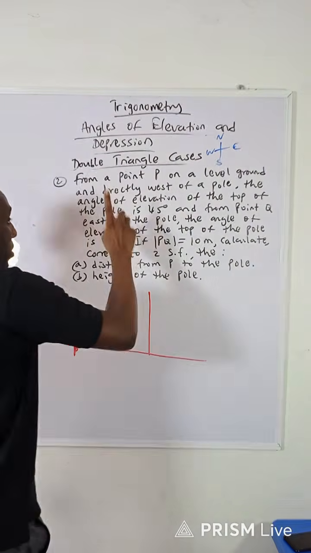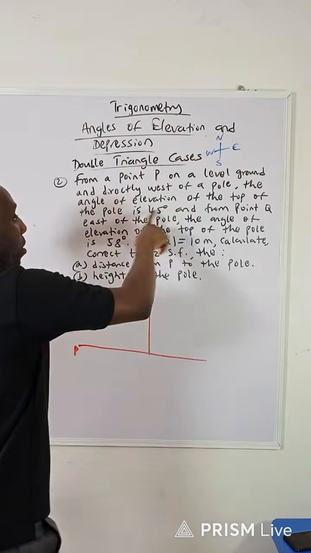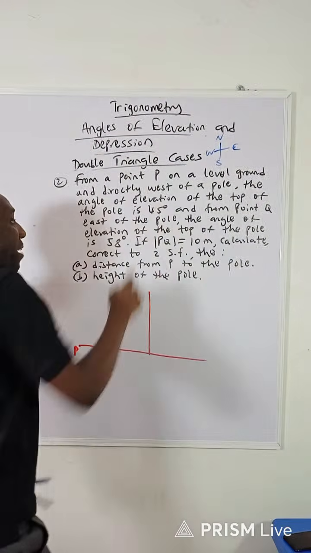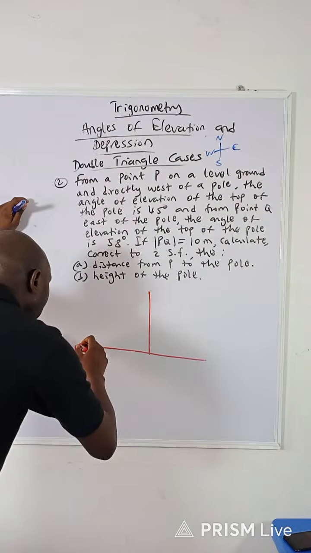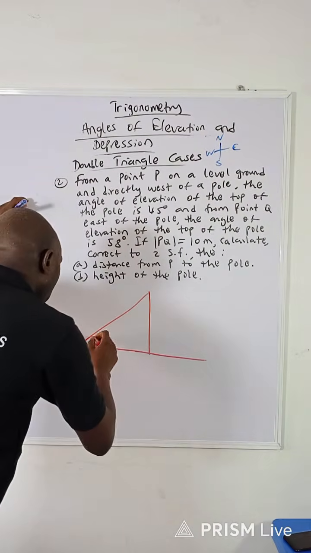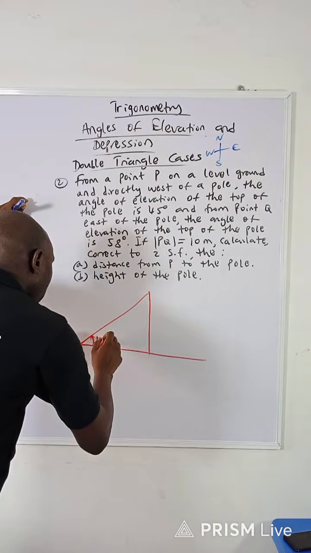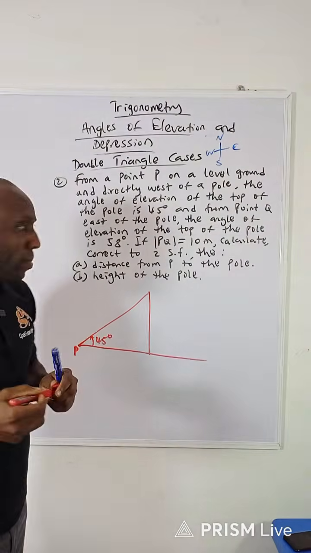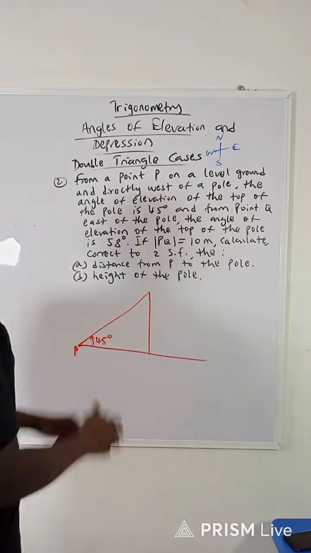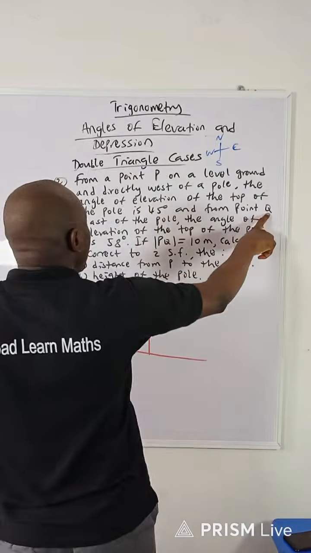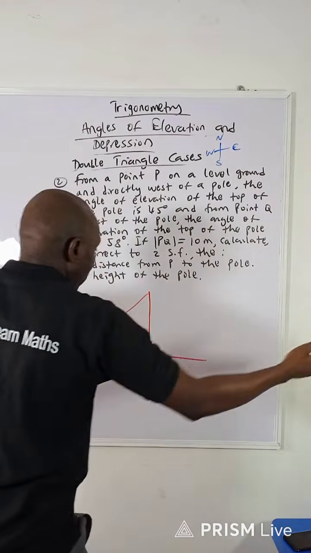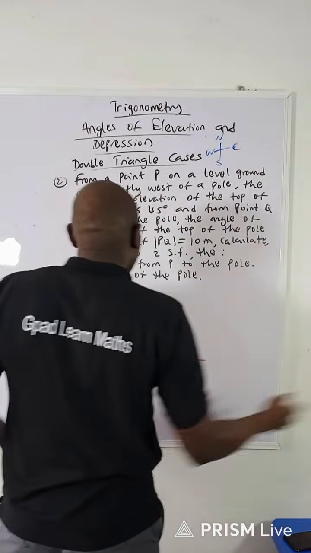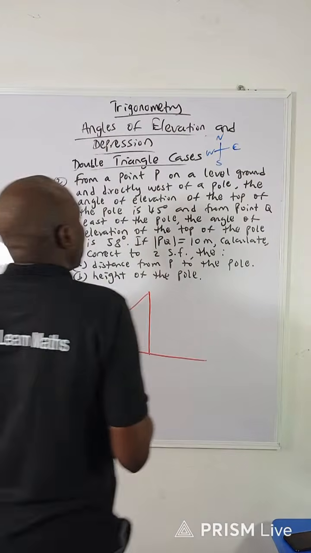Now, they told us the angle of elevation of the top of the pole is 45 degrees. So from P to the top of the pole is 45 degrees. Are you with me? What about the other one? From the point Q, east, the right side, what's the angle of elevation?